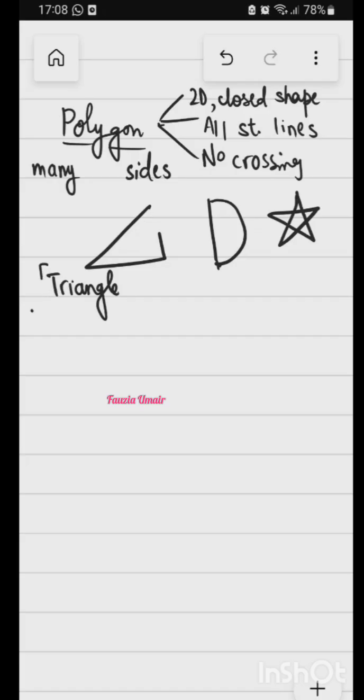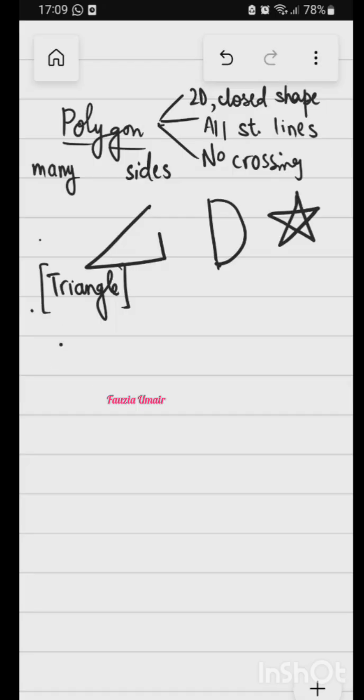You don't have any other shape inside your curriculum. When you go to grade 8, then you learn about quadrilaterals, the four corner shapes. So this is the first thing you should know. What are polygons? They are 2D closed shapes with all straight lines and no crossing of lines, right?